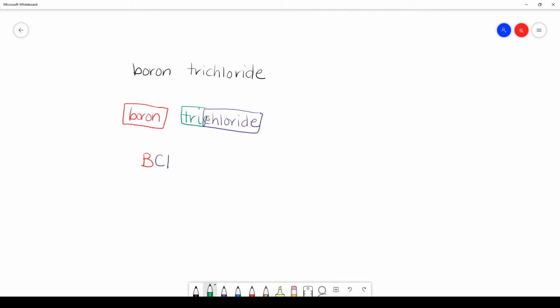And our prefix 2 of tri gives us a subscript of 3. So boron trichloride looks like BCl3. Again, if there's no prefix, then you just leave off the subscript. There is no subscript.